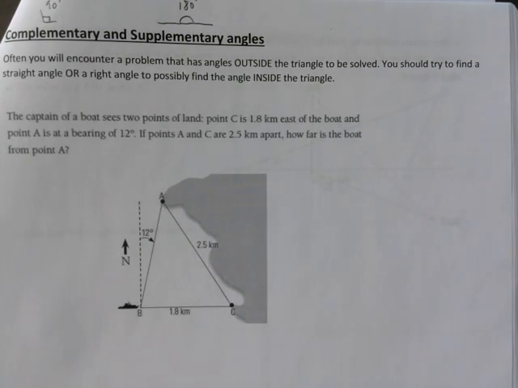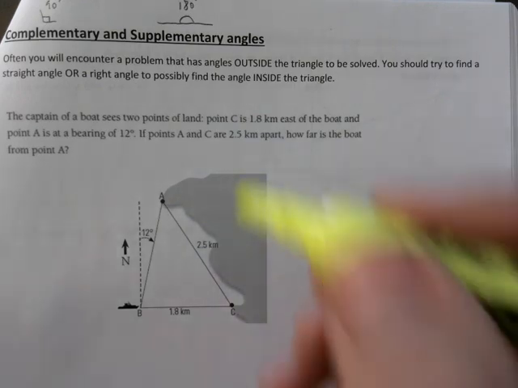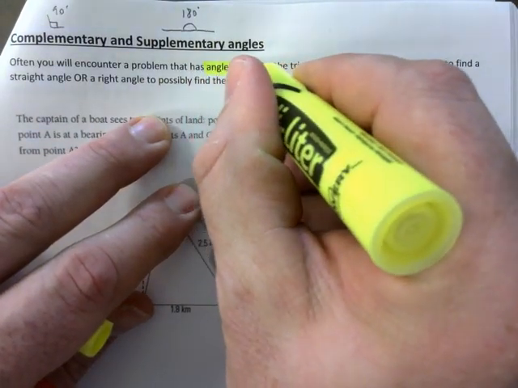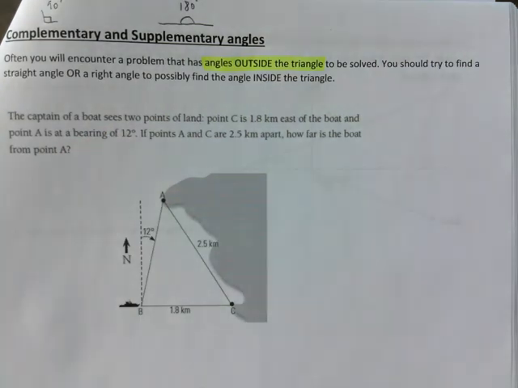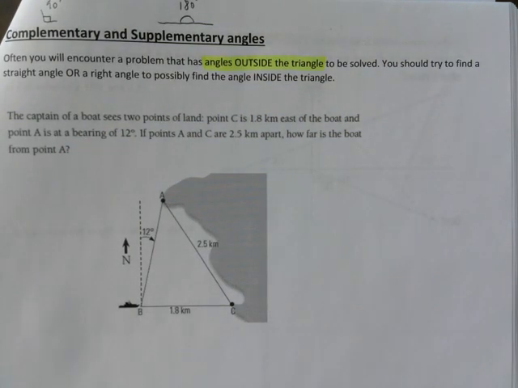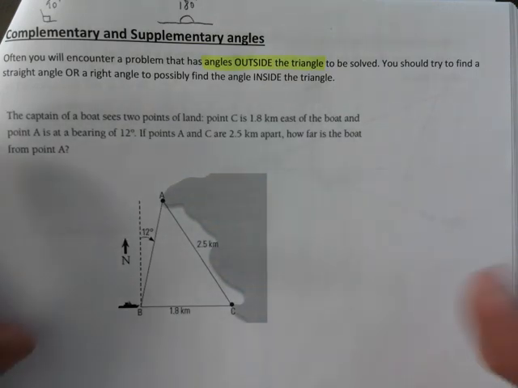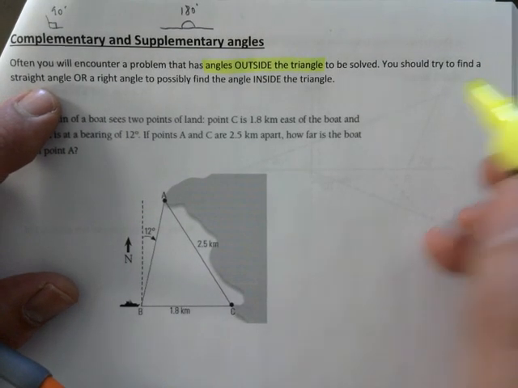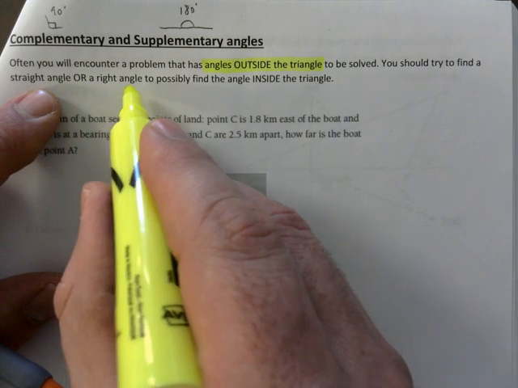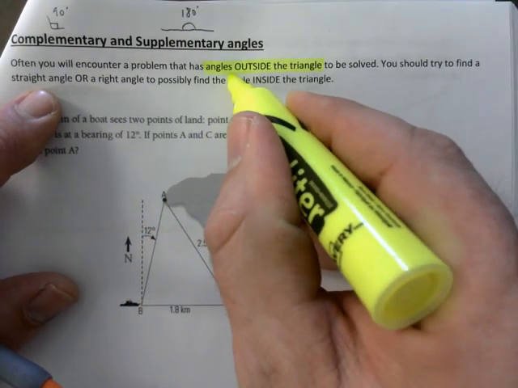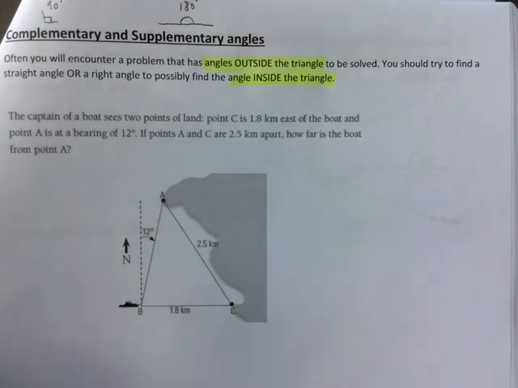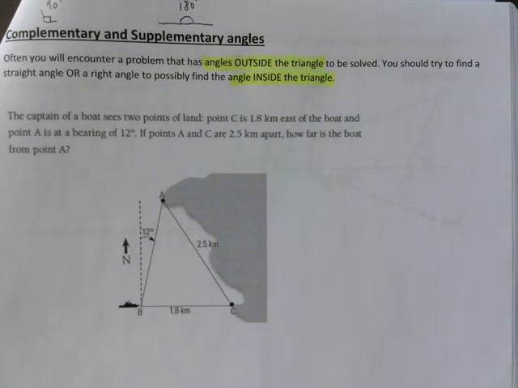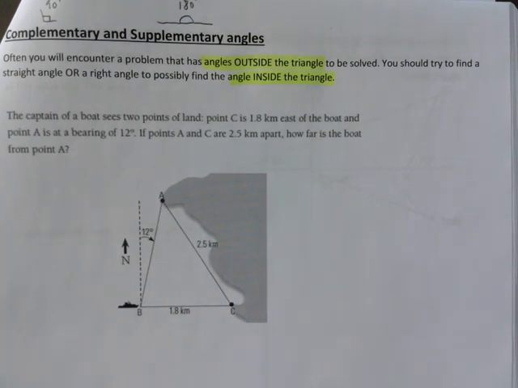Often you will encounter a problem where the angles are outside the triangle. Page 32. You should try to find a straight angle or a right angle to possibly find an angle inside the triangle. Sometimes it will feel as though you don't have angles, but you can easily find an angle inside the triangle.